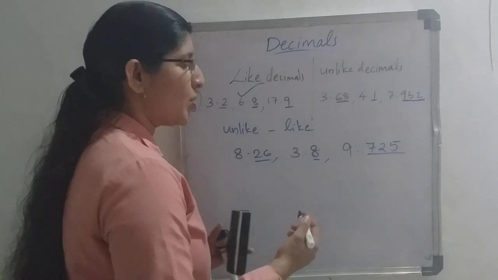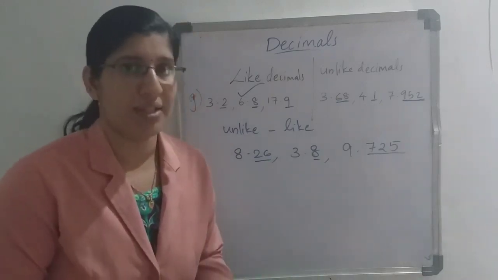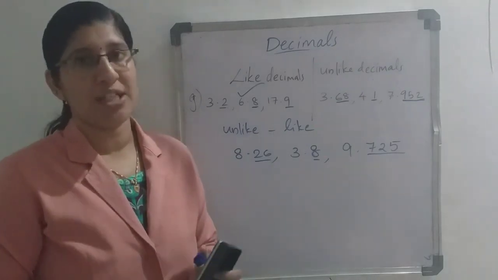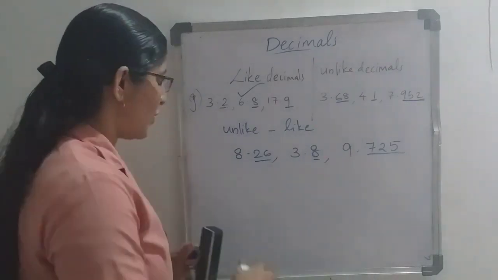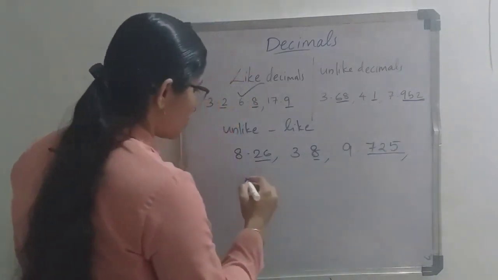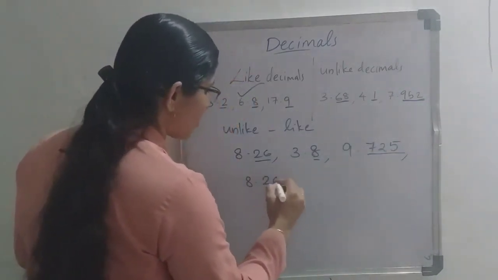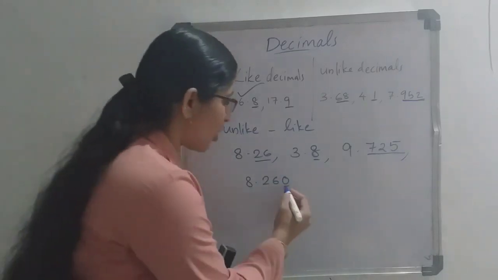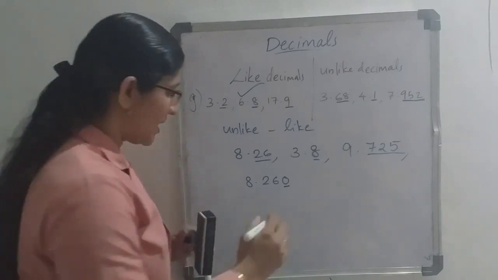Very easy. You need to insert zeros on the right side of the decimal. If you put zeros on the right side of the decimal, it will not have any value. For example, here the maximum decimal places is 3. So we need to make the first number also 3 decimal places by putting one 0 on the right side. This 0 has no value. Why? Listen here.